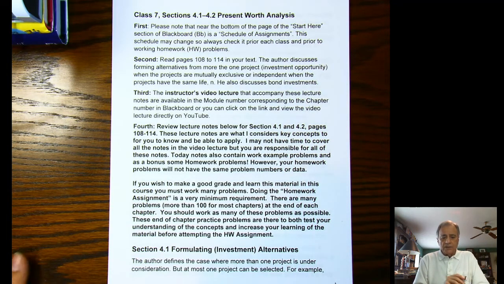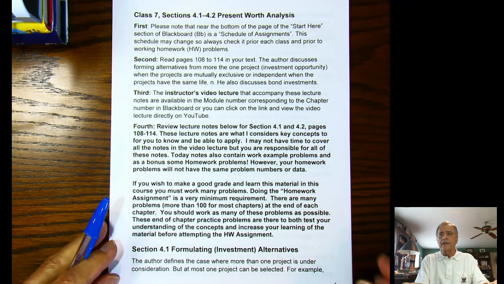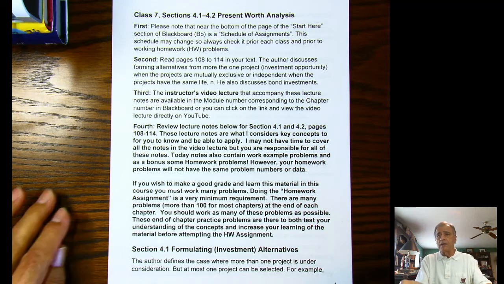So we're going to start now in section 4.1, which discusses formulating alternatives. When you have more than one project under consideration, sometimes those projects are dependent on one another in certain ways, and in other cases they may be independent.